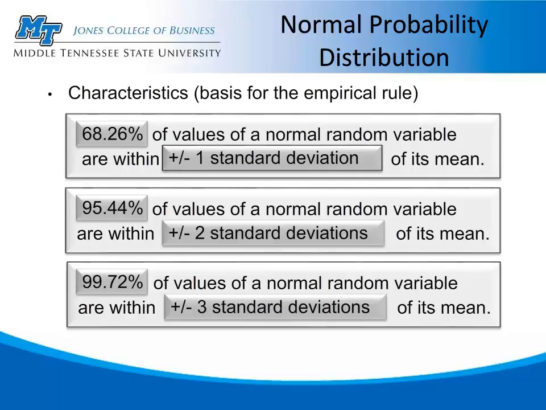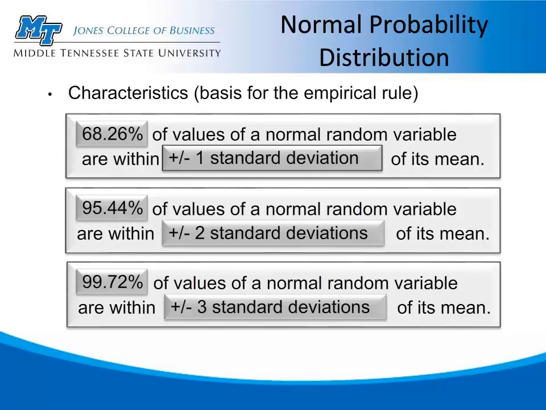If you go one standard deviation above and below the mean, that interval between mu minus sigma and mu plus sigma is going to contain 68.26% of all the values in that particular normal distribution.